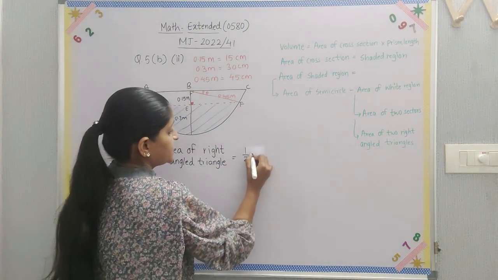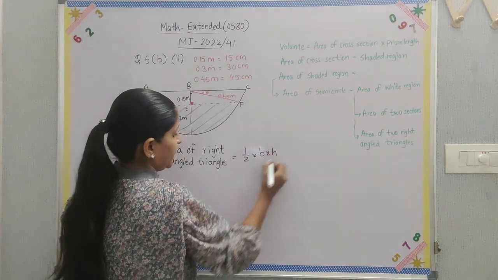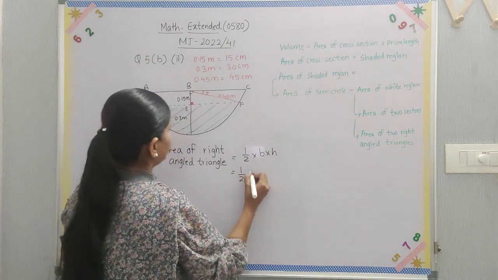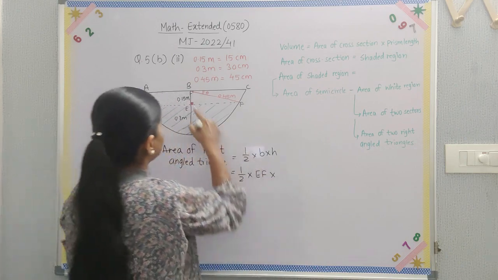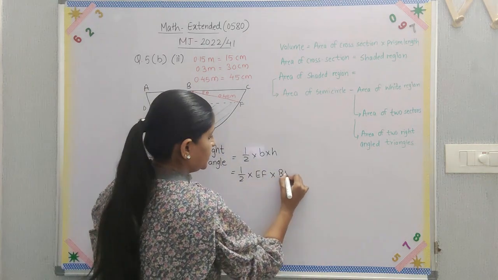The formula for this is half into base into height. So we need to know half into the base EF multiplied by height, which is BE.